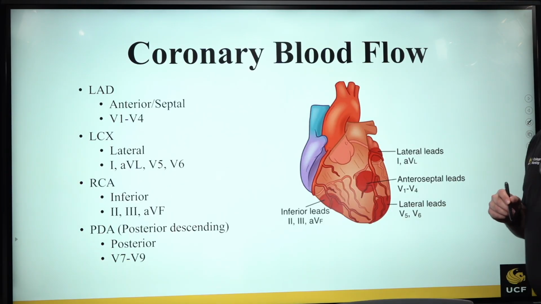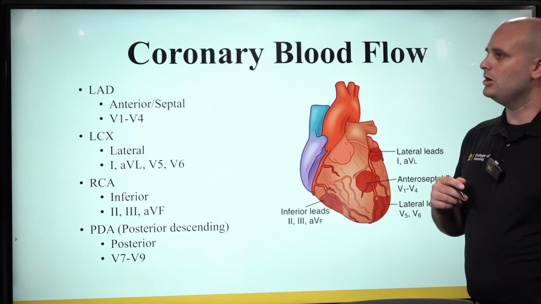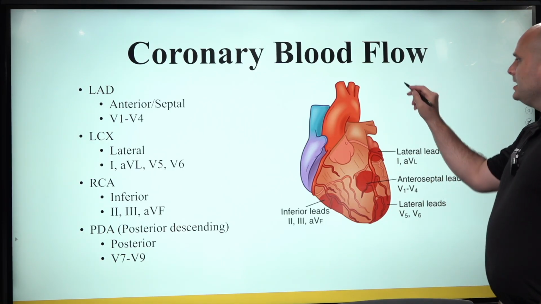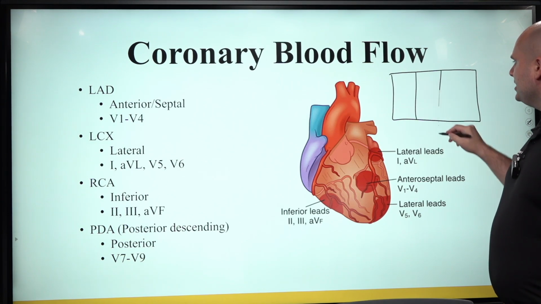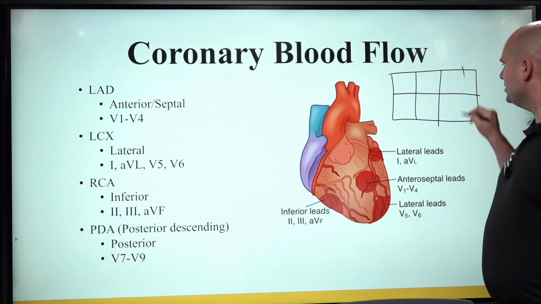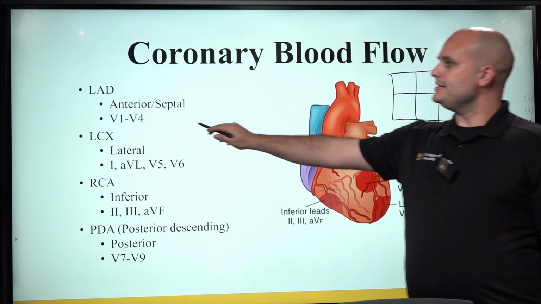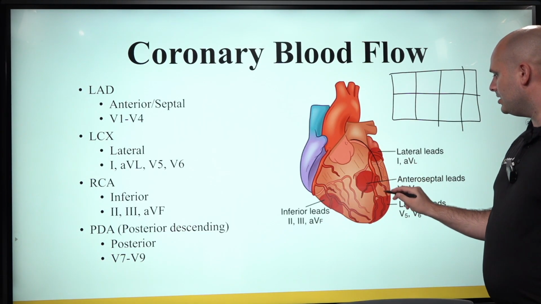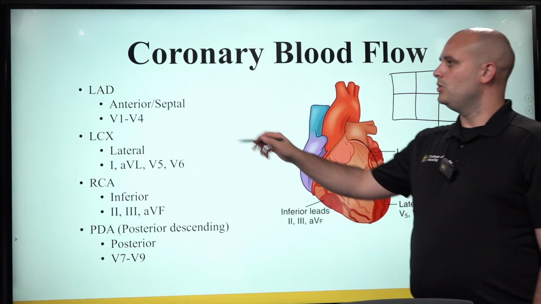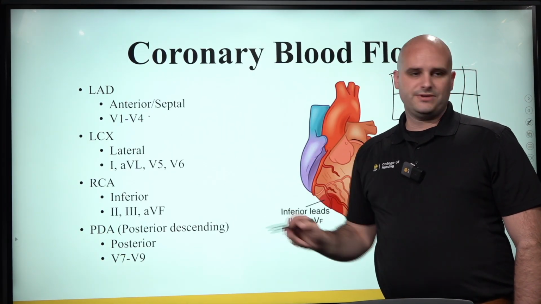So coronary blood flow, just a little bit of a review. When you're sitting at home, maybe pull this up as you're looking at your EKG to find all your heart rhythms. So our LAD, which is the left anterior descending artery, which comes down the front of the heart, this is our widowmaker, represents V1 through V4.